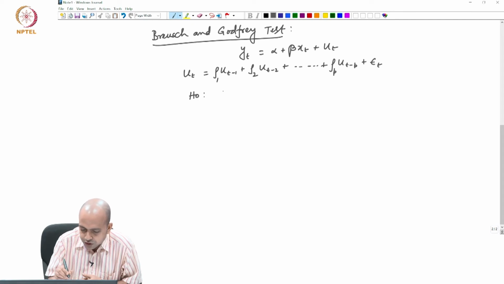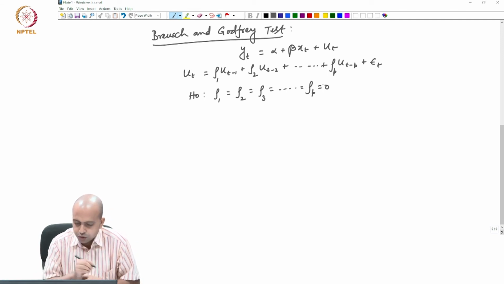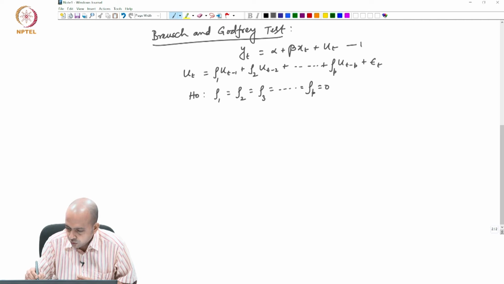Our null hypothesis is that rho 1 equals rho 2 equals rho 3 equals up to rho P equals 0. Since our claim is the presence of autocorrelation, the null is that there is no autocorrelation. That means all these autocorrelation coefficients are actually 0. Let us say this is our equation 1.